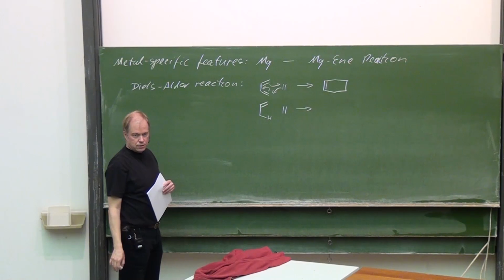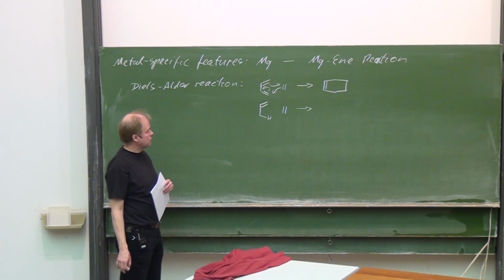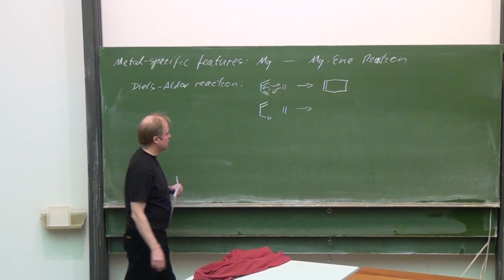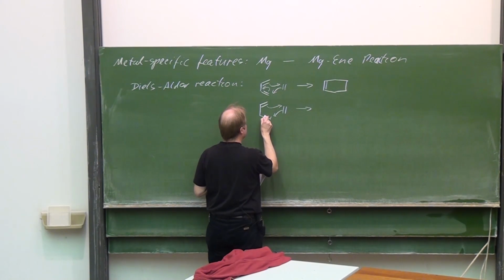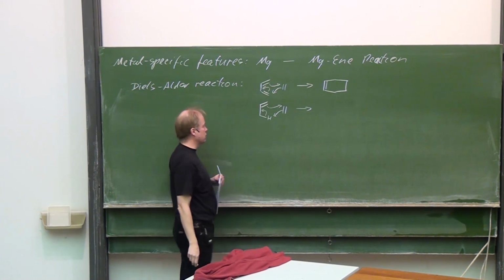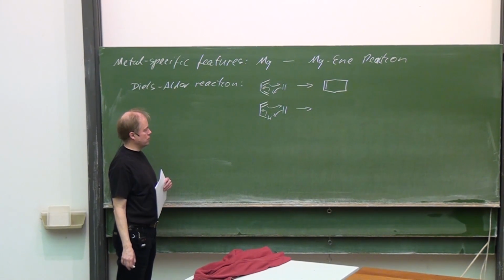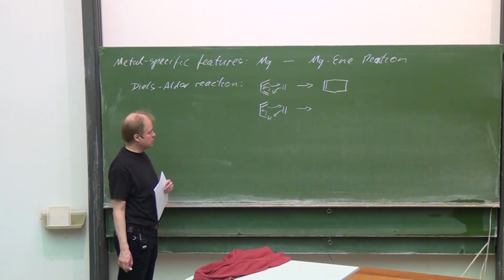An aromatic transition state, in this case, involving 6 pi electrons. So here we can also imagine a process where 6 electrons take part. 2 of these electrons are sigma electrons.